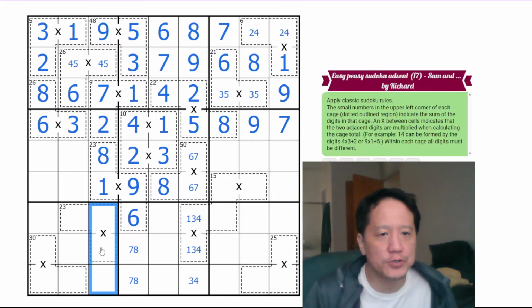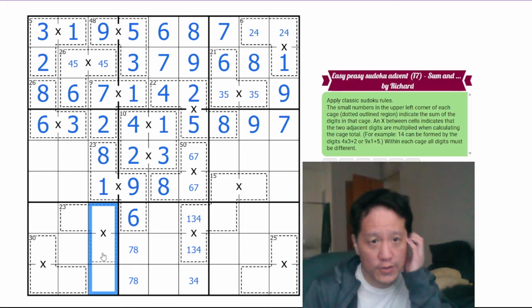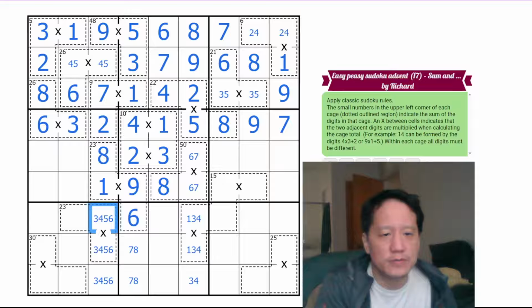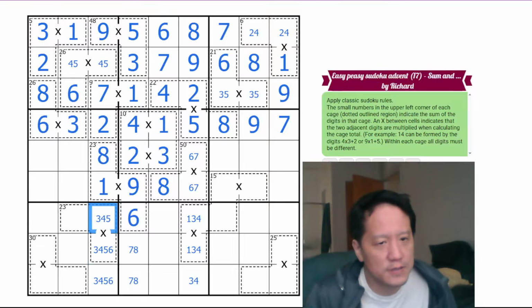Let's just continue. What are the remaining digits in column 3? We have 3, 4, 5, and 6 possible. This can't be 6.